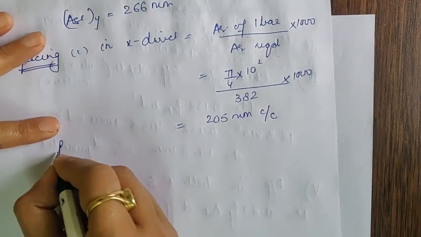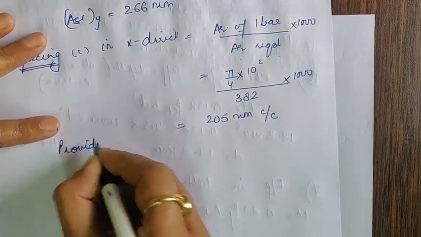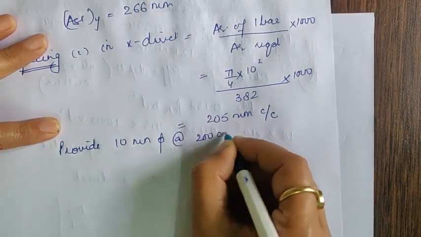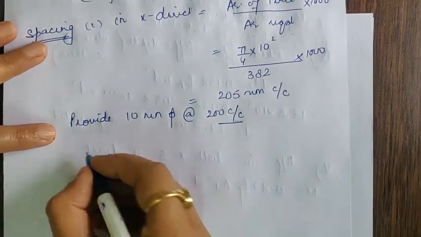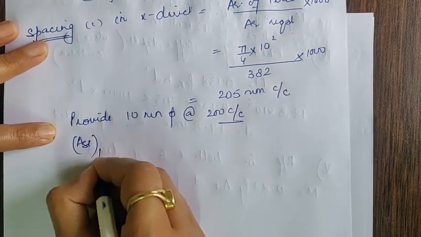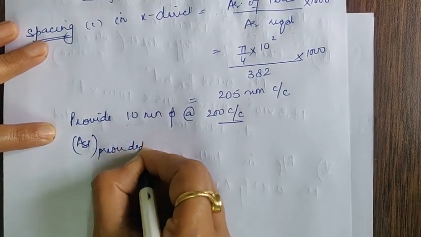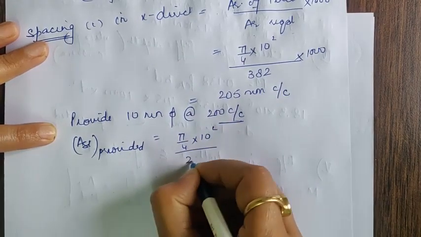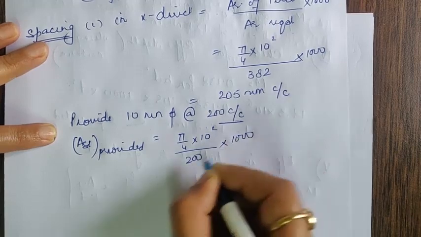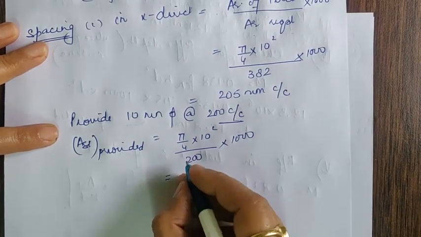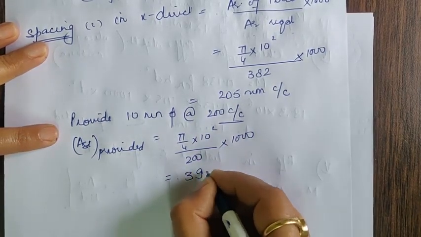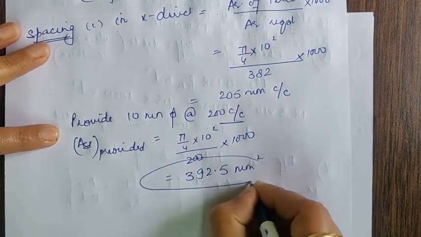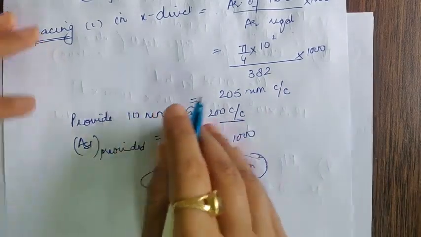Let us say I am providing 10 mm dia at the rate of 200 center to center. Therefore, AST provided becomes pi by 4 into 10 square upon 200 into 1000. Therefore, it is coming out to be 392.5 millimeter square.